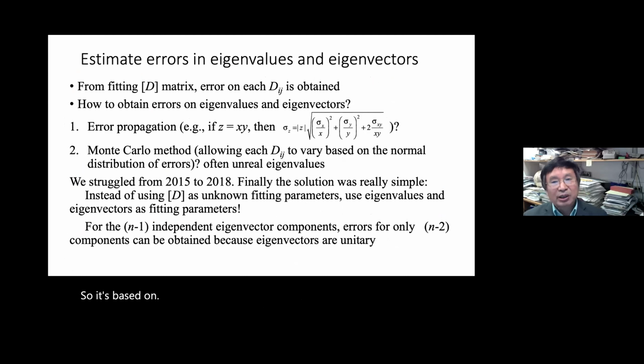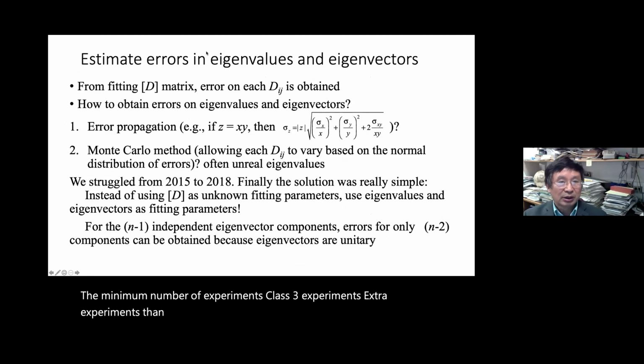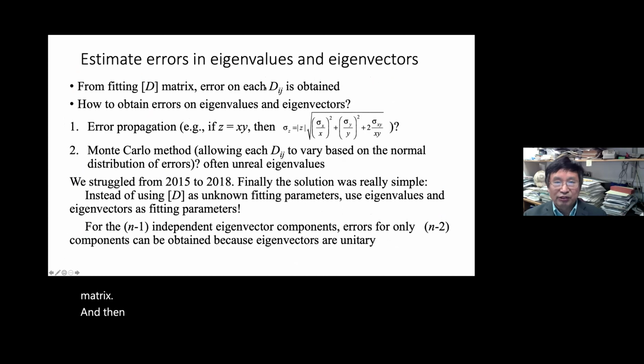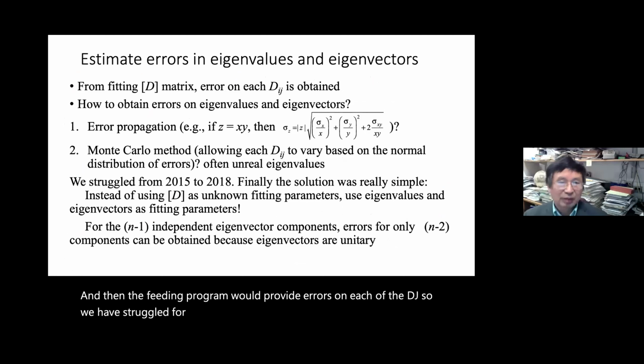Based on the minimum number of experiments, we fit the experimental data and get a diffusivity matrix. Then the fitting program would provide errors on each Dij. But we have struggled for years on how to obtain errors on eigenvalues and eigenvectors.